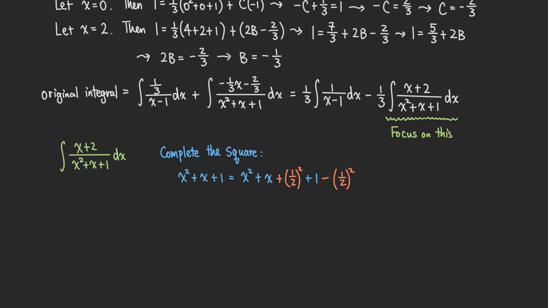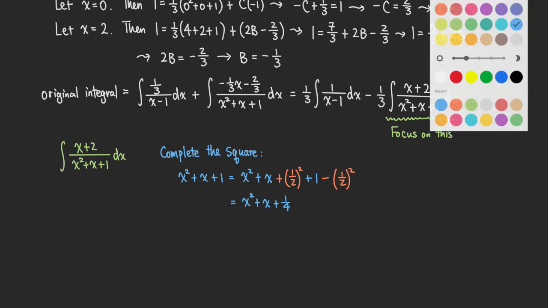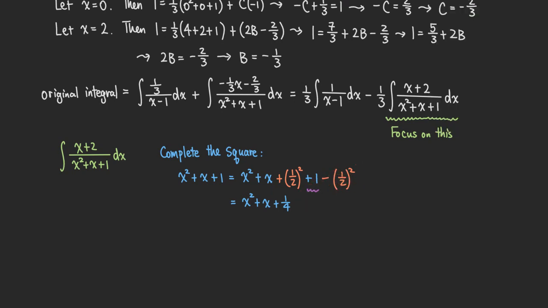We are going to be getting x squared plus x plus 1 over 4, right? And then we can put those two together, which will give us plus 3 over 4. Then you may say, how do we know that we are getting 3 over 4? This is 1/4, right? 1 minus 1/4 gives us the 3 over 4.